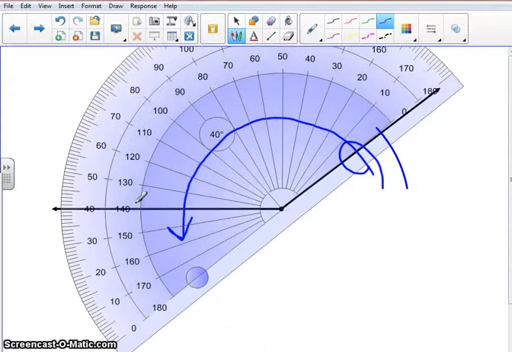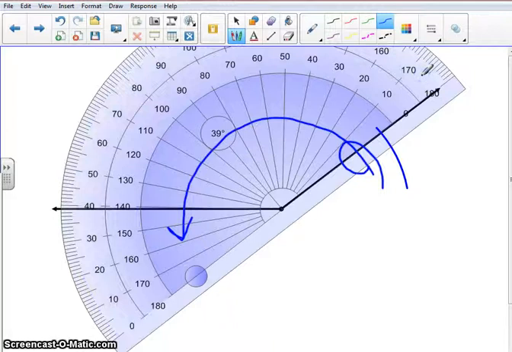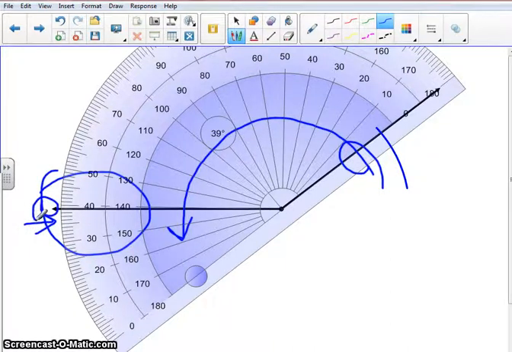If I make this really big, you can tell that there. And you can see that I'm really not at 0, so let's turn that back so that it goes through the 0. And again, I'm between 140 and 150. 145 would be right here, and so this right here is 1 click past the 140, so again it is 141 degrees.